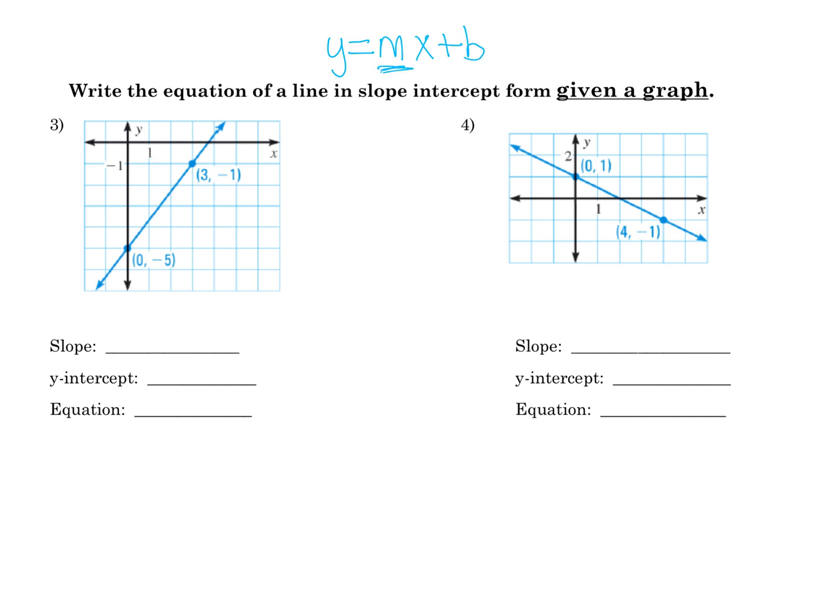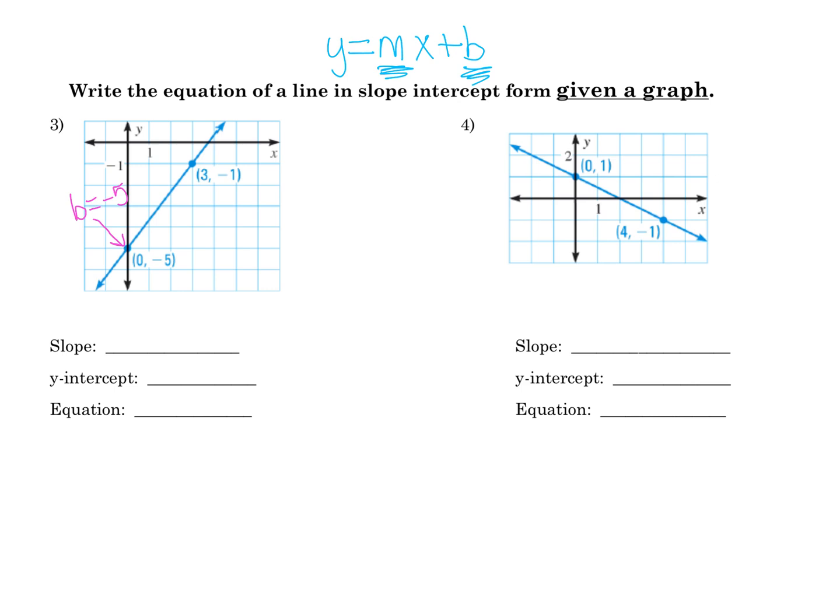The first is your slope, and the second is your y-intercept. So when we're looking at this graph, the y-intercept is where it crosses the y-axis. So if you see the y-axis and where it crosses, it's crossing right here. So that y-intercept is going to be equal to negative 5.